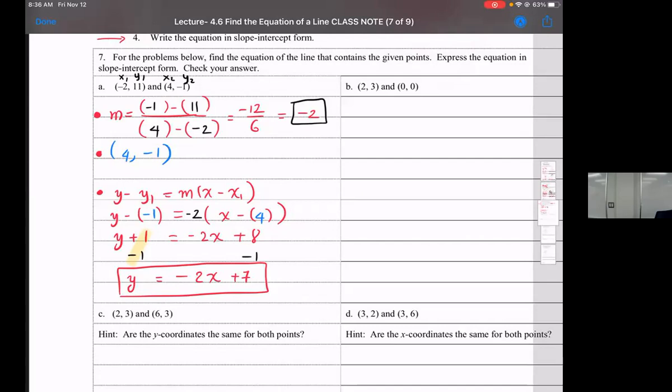Maybe I'll show that step. Anyone, which one you pick when you plug it in? 2 and 3. Yeah. I was gonna put 0, 0, but it's okay.